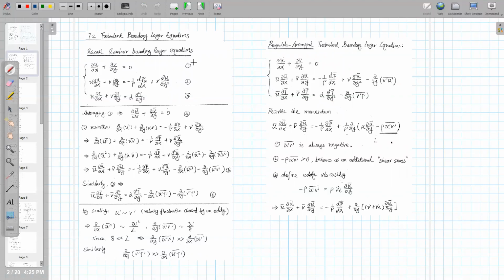In the turbulent flow, the approximations we made in the laminar boundary layer equations in chapter 2 still work. So you can think that these equations still work for instantaneous quantities.